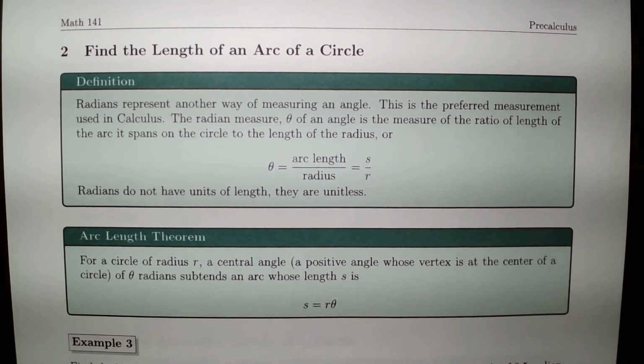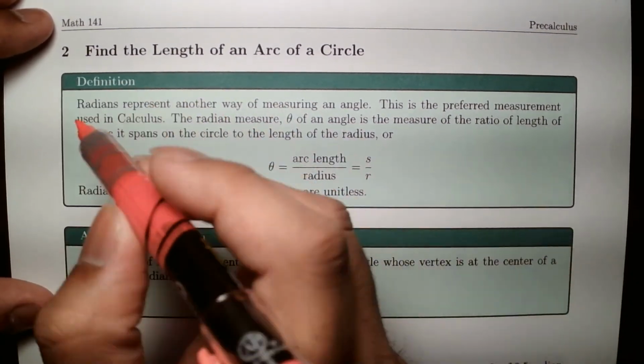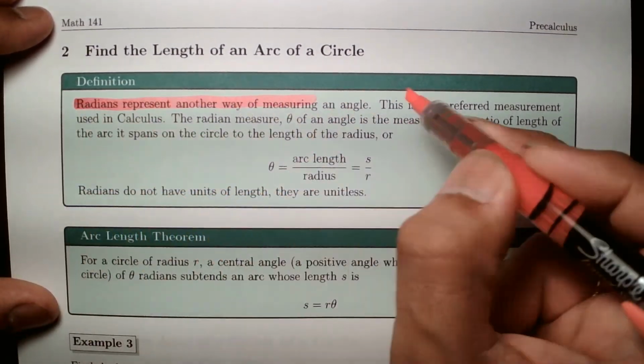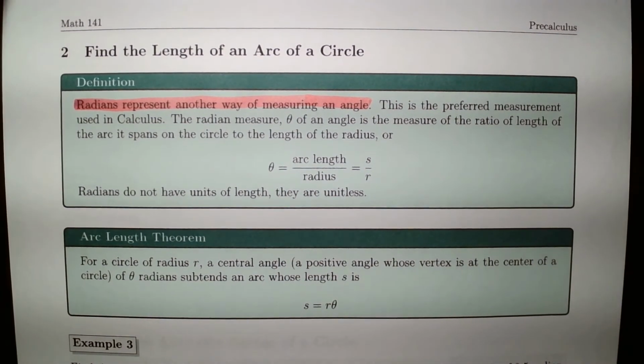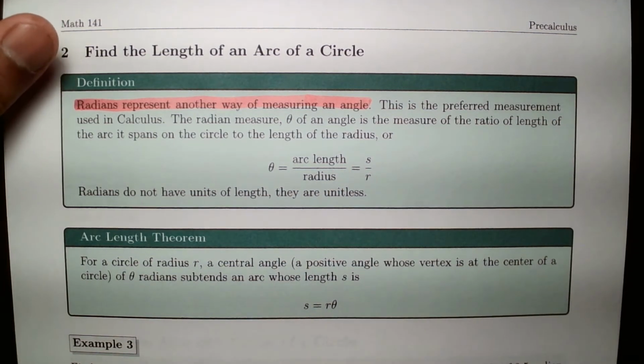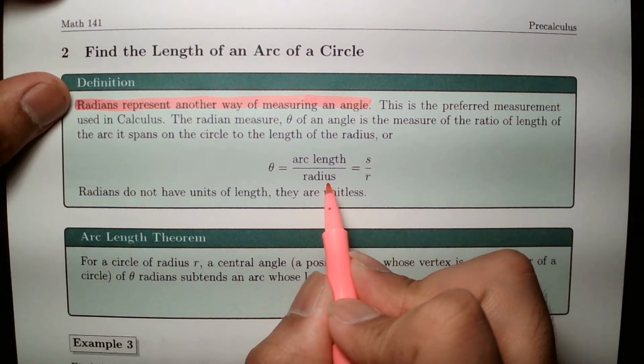Here is where we introduce another angle measurement system called radians. So radians are another way for measuring angles, and this is the preferred measurement for calculus. But how do we find those radians? The radians are the ratio of the arc length to that of the radius.